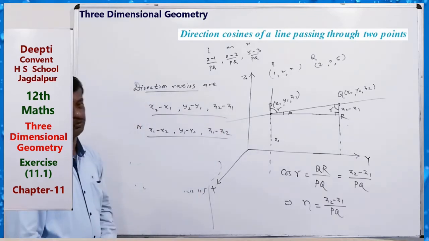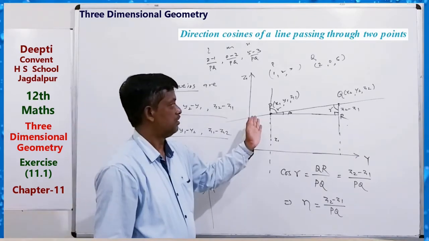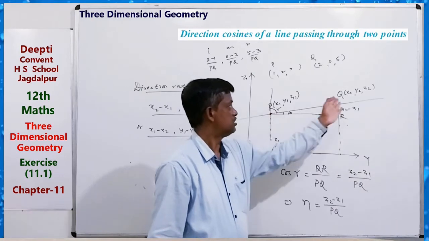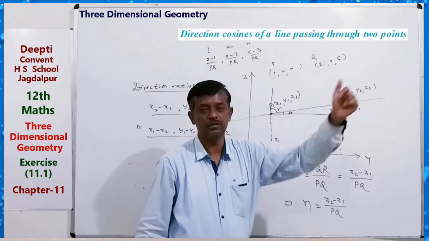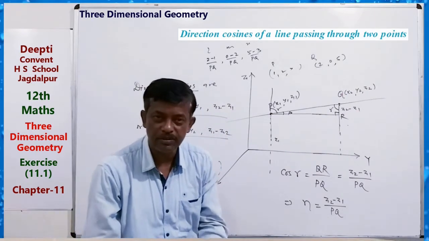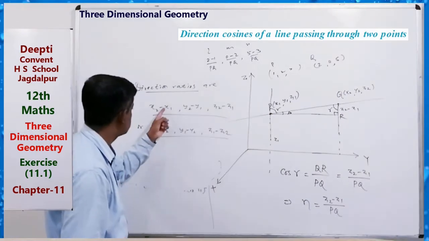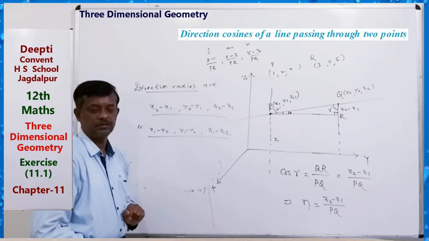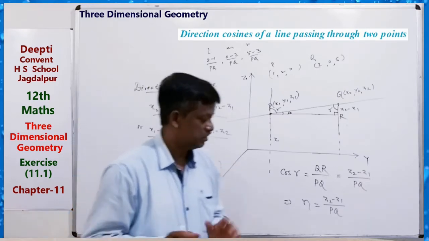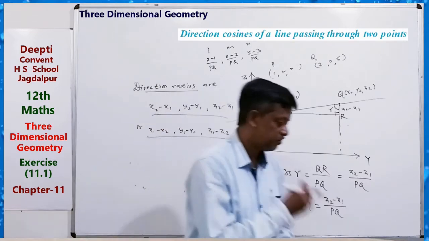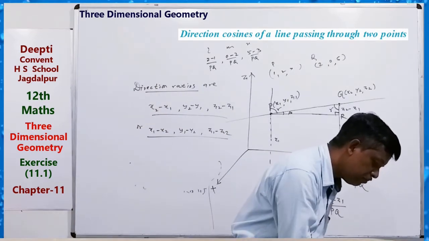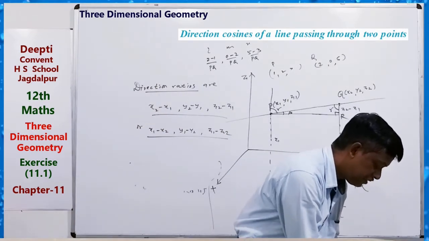Whenever a line has two points on it, like (x1, y1, z1) and (x2, y2, z2), you can find the direction ratios of that line by using this or this. Just remember this: how can we find the direction ratios and direction cosines of a line which passes through two points?